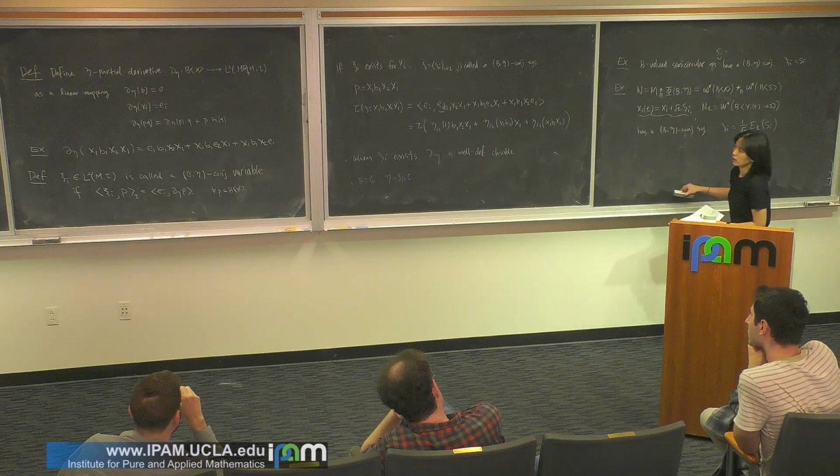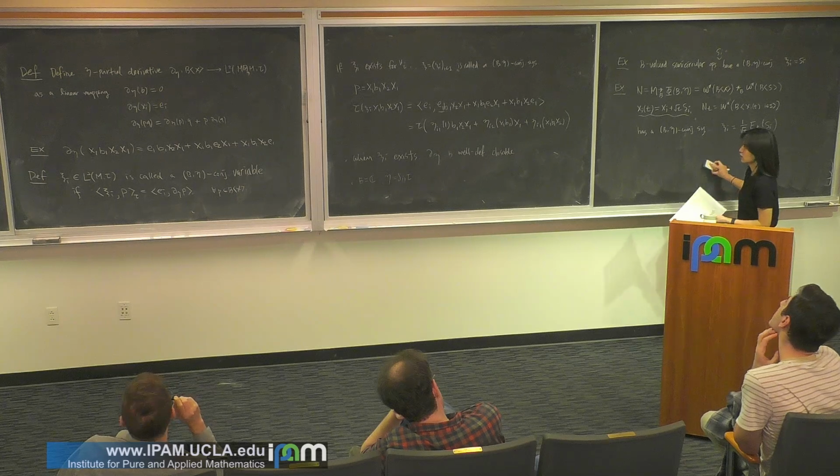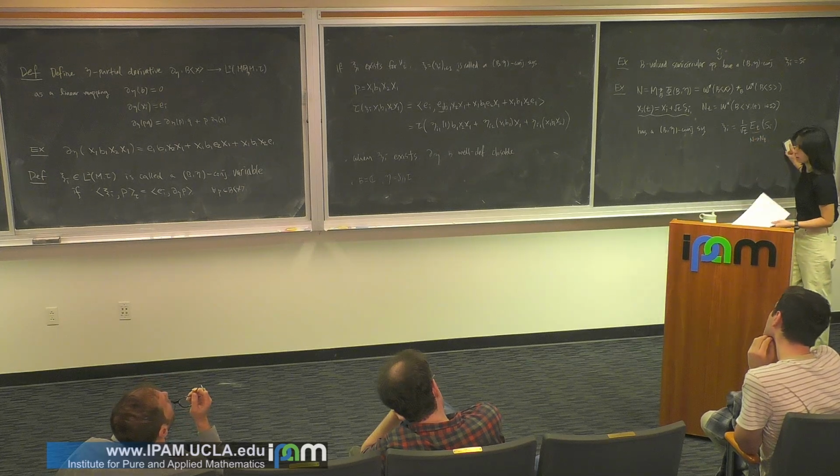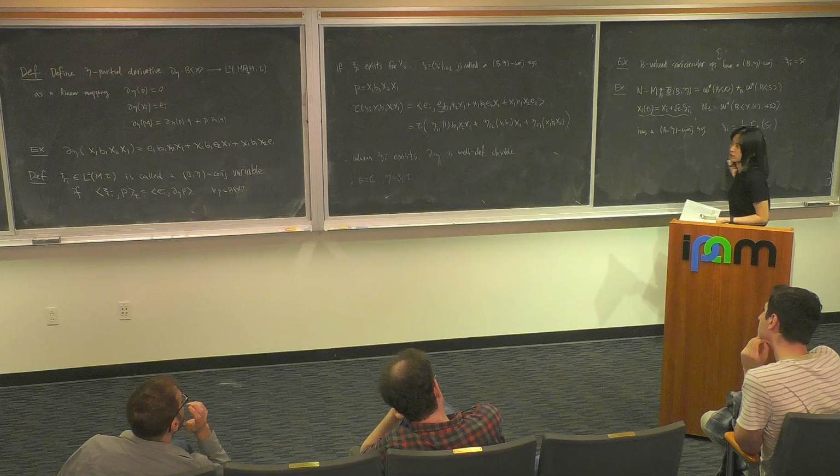Okay, so far we have defined a conjugate system and seen some examples. Then can we recover Dabrowski's results?